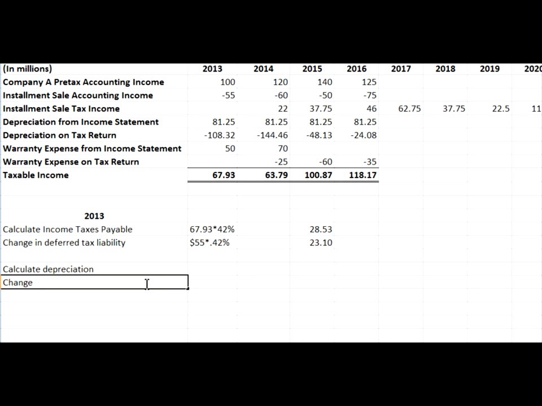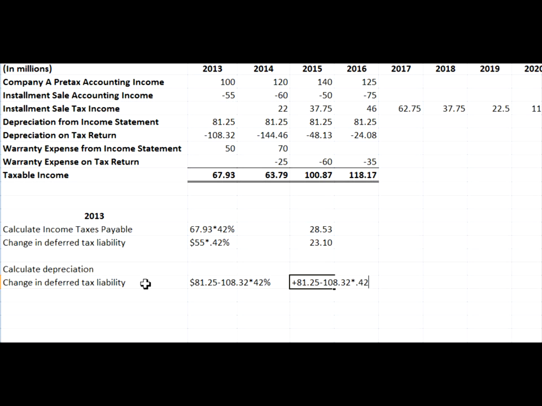So that would also be the change in deferred tax liability. So we have 8125 plus 108.32 times the tax rate. We'll calculate that over here. Okay, let's change this to 2 decimal places. Okay. So now we have our change in deferred tax liability due to depreciation.